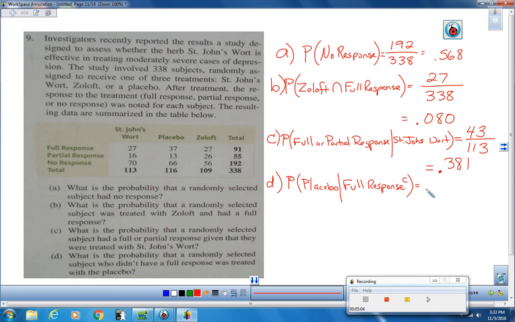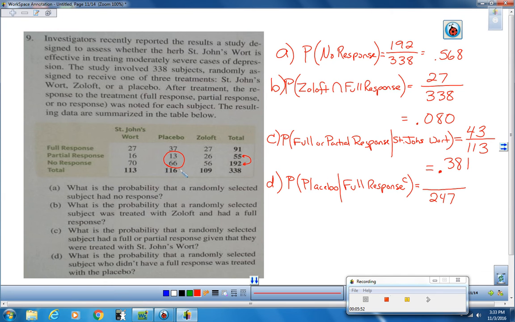So my sample space is everyone that did not have a full response. So everyone that did not have a full response are my partial responses and these no responses. So it's actually 55 plus 192. So my sample space is out of 247 people. And my numerator are the people that were treated with the placebo. So how many of which were treated with the placebo? That's these two together, right?